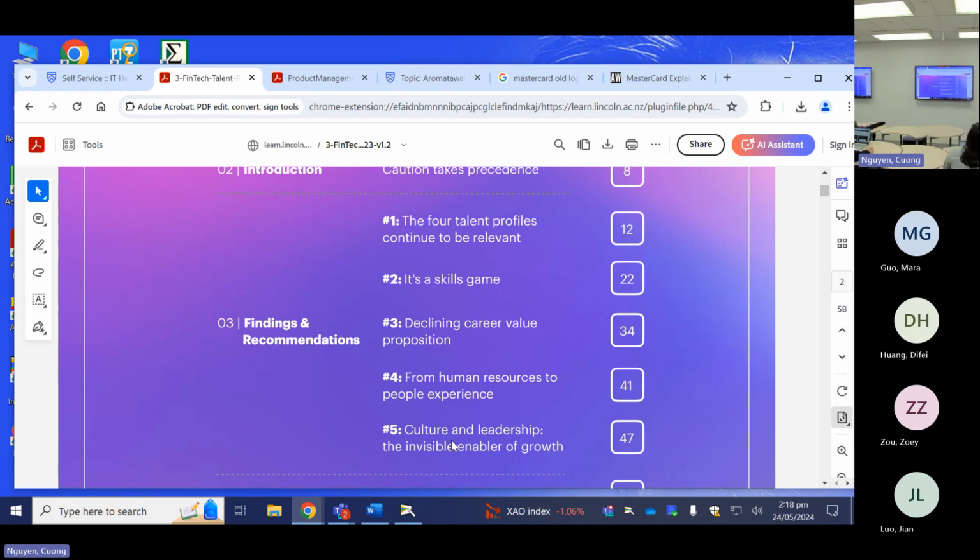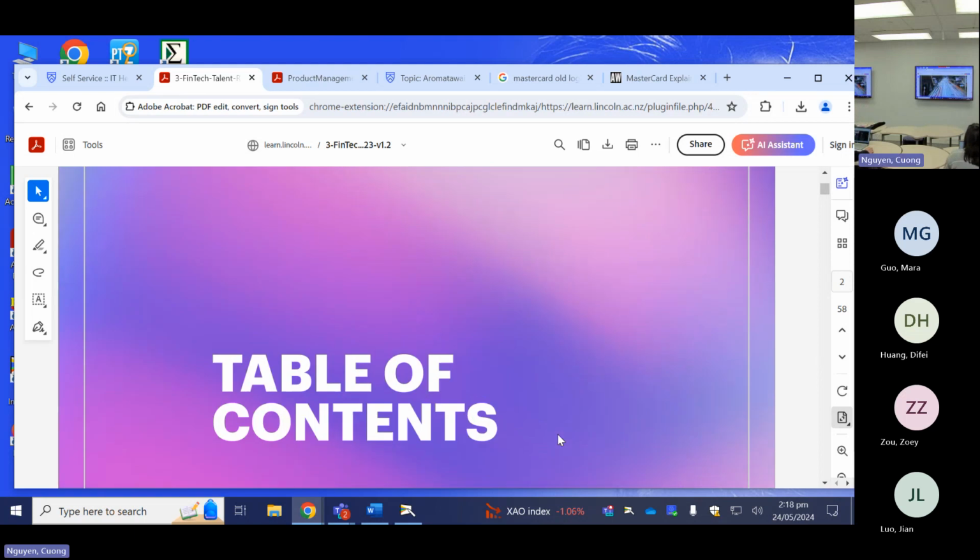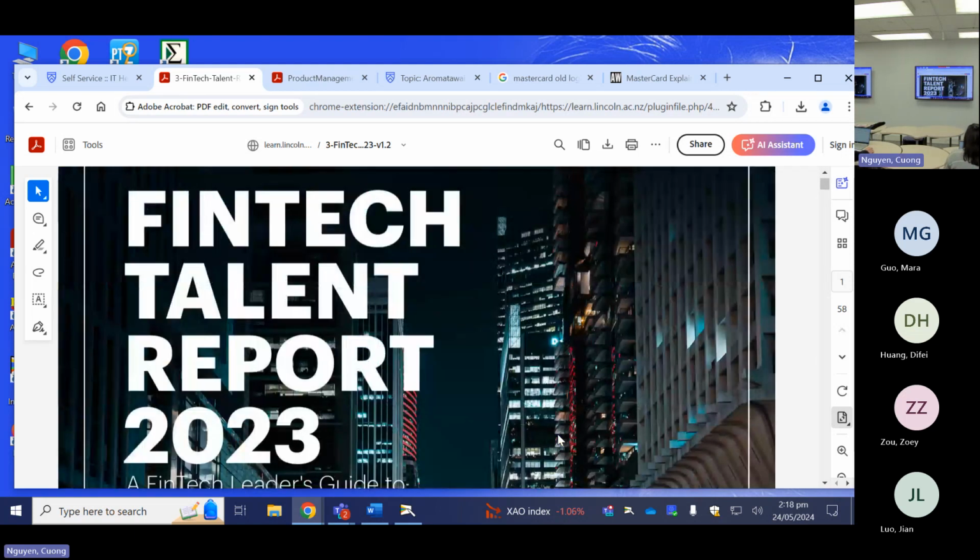And how culture and leadership can improve employability in the fintech industry. So remember to spend time on this, the FinTech Talent Report in 2023. Okay, any questions so far?